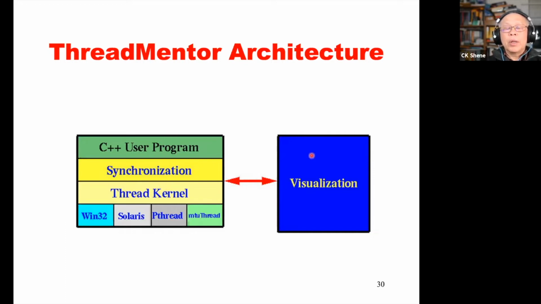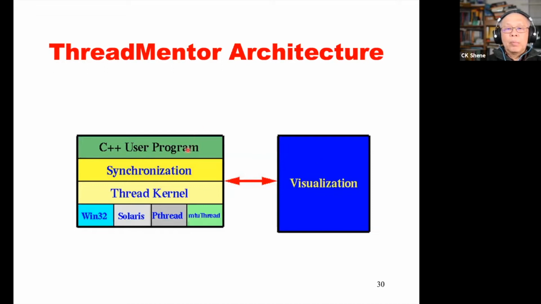The visualization system of ThreadMentor is not written by you. And actually, you are not able to call anything in the visualization system. The visualization system runs in a separate address space as a different process.